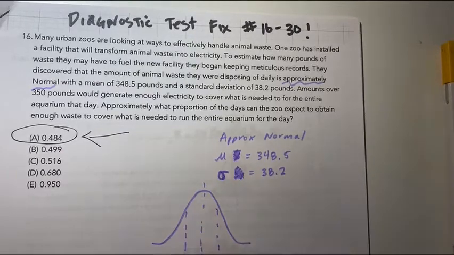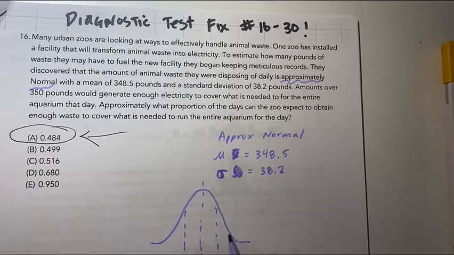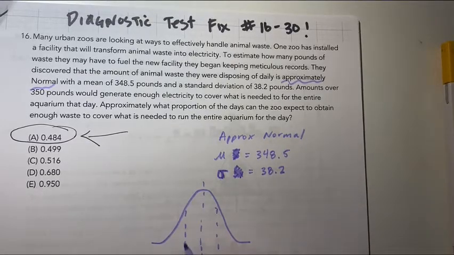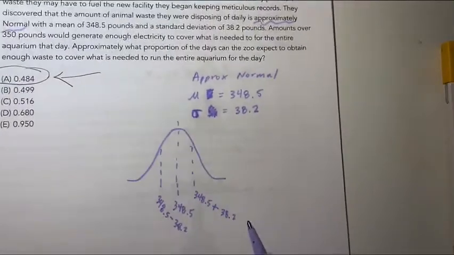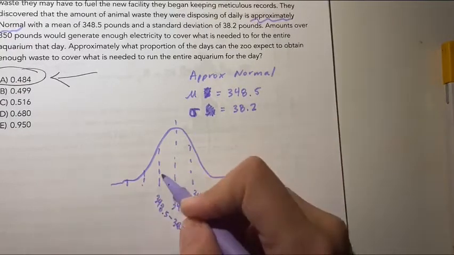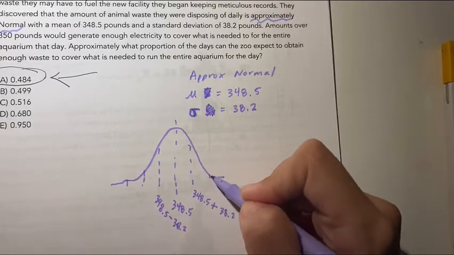And so one standard deviation to the left and the right would just be 348.5 plus 38.2, and 348.5 minus 38.2. And remember, there are 6 flaps: 1, 2, 3, 4, 5, 6.